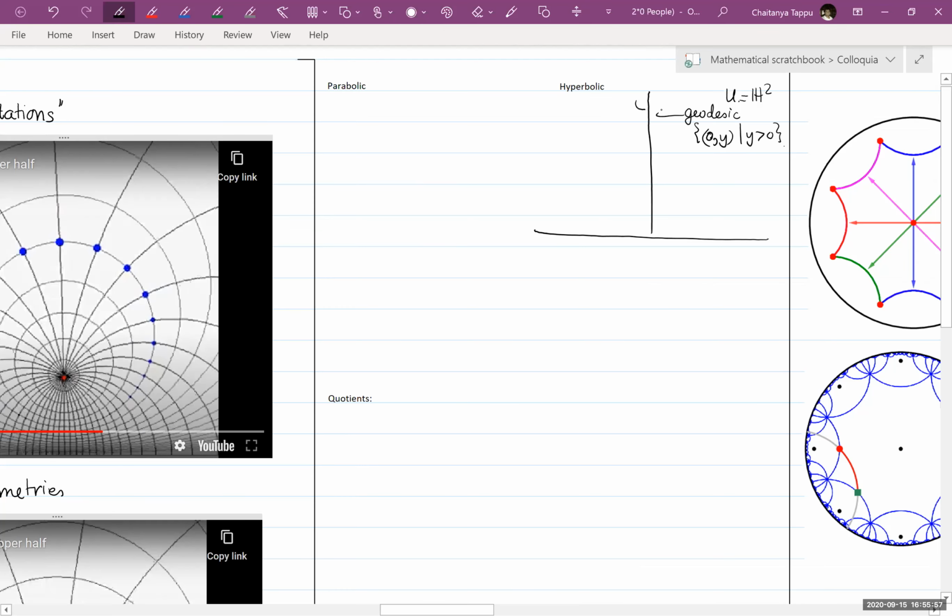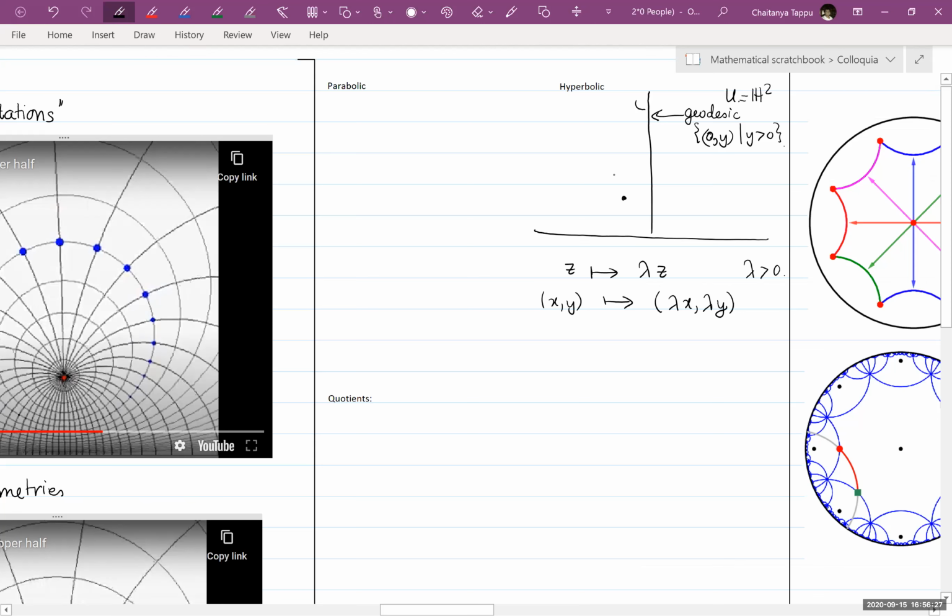The hyperbolic translation along this geodesic is given by the formula z maps to lambda times z in complex coordinates, or (x, y) maps to (lambda x, lambda y), where lambda is some positive real number.